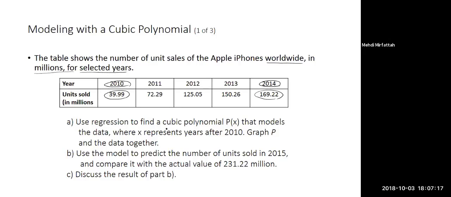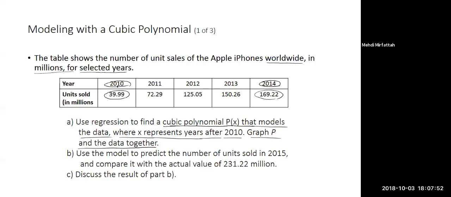We're going to use our calculator to do a regression to find a cubic polynomial p of x that models the data, where x represents the years after 2010, and graph p and the data together. In this case, we want to let 0 equal 2010 when you enter the values into your calculator, then 1 corresponds to 2011, 2 corresponds to 2012, and so on.